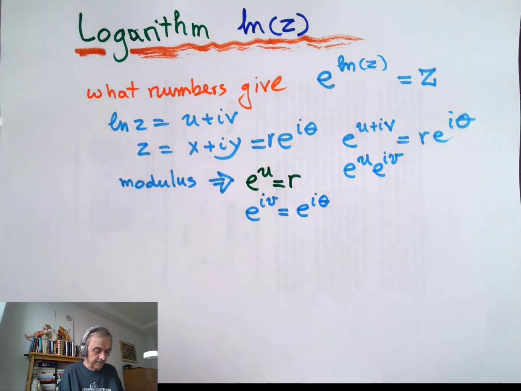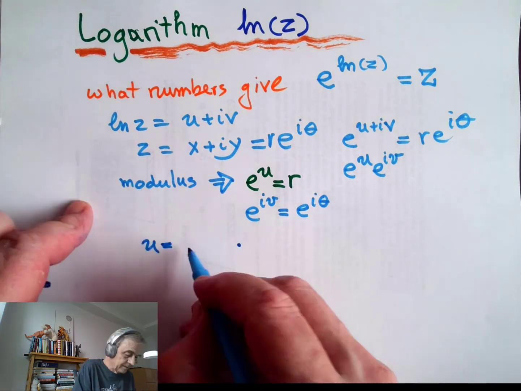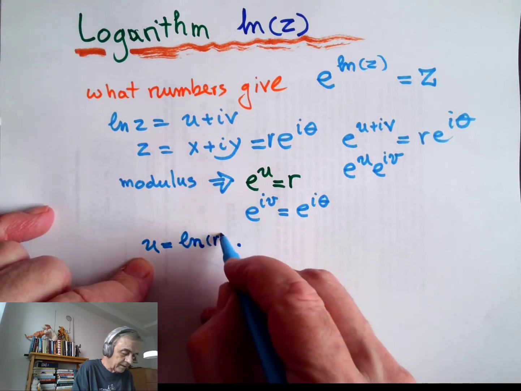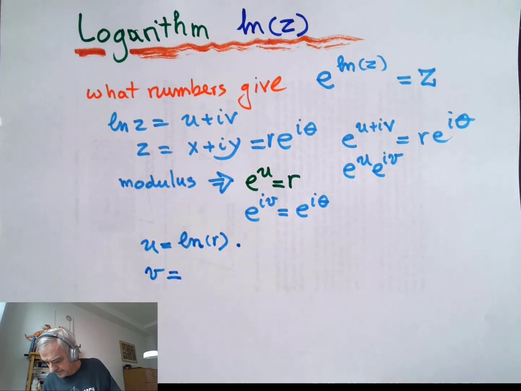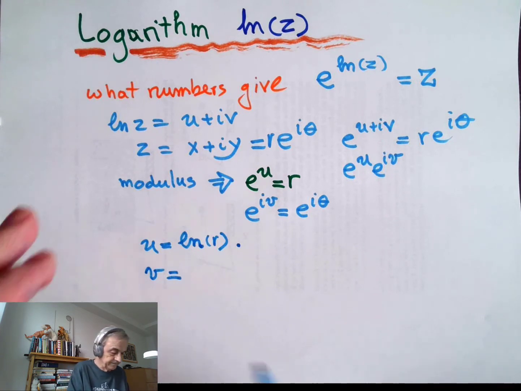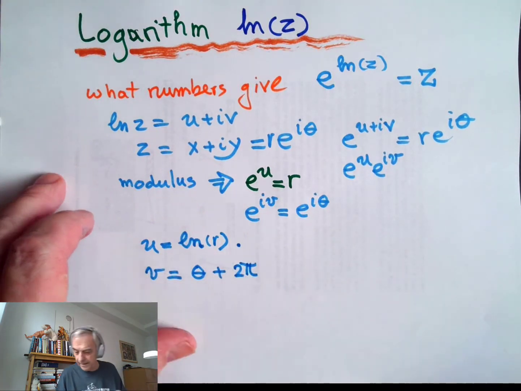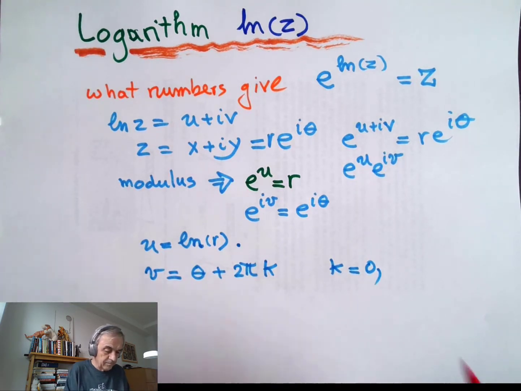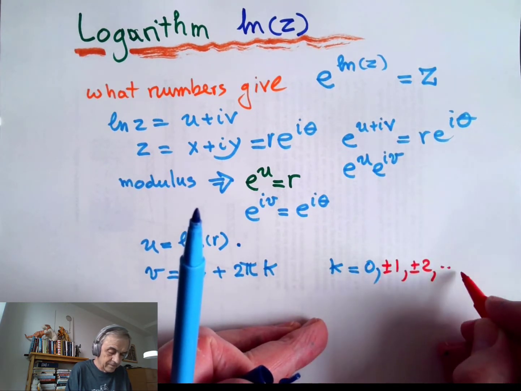So this is no big deal. The exponential of a real number is a real number. But for this one we have to remember that everything is defined modulo 2π. And so we find that the real number u is the logarithm of the real number r, but b is theta plus 2πk, where k is 0, or plus minus 1, or plus minus 2, or plus minus infinity.